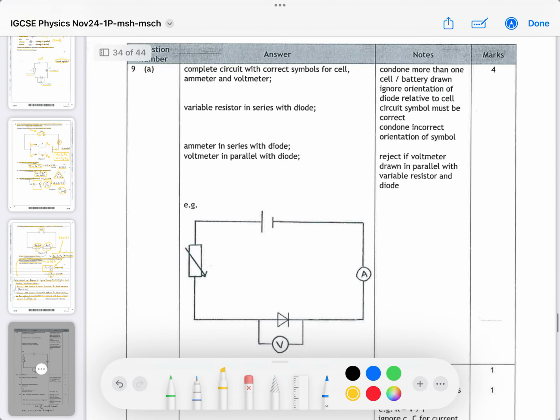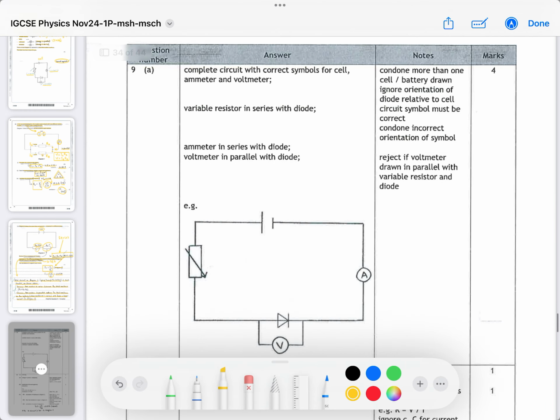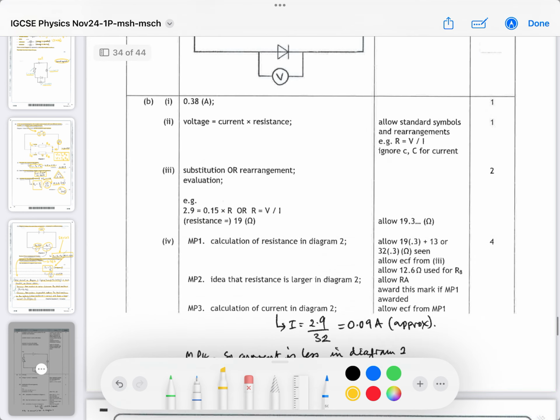Now, I'm sure I will get the 4 marks by putting that there, but let's have a look at the mark scheme. You can first of all see 9A, the circuit diagram, and the notes that they give you about what they will accept, and you can read through it in your own time. Stop the video if you wish to.